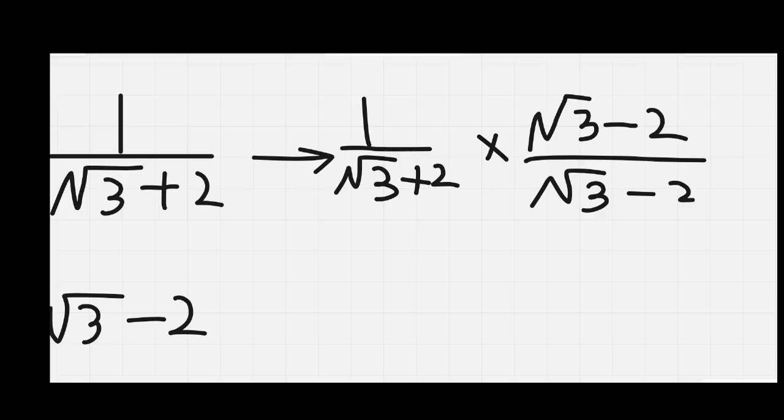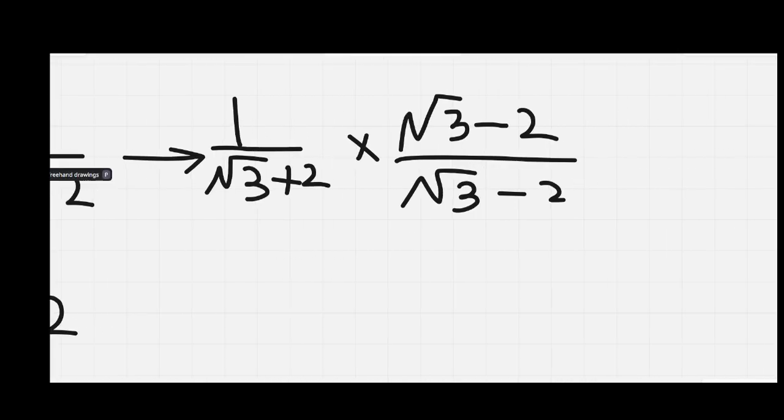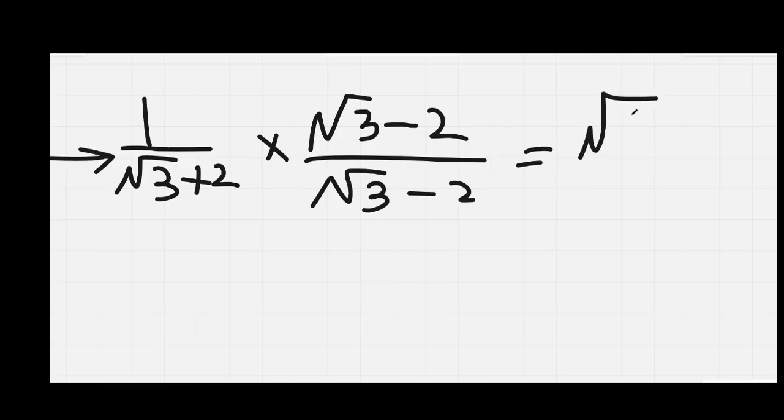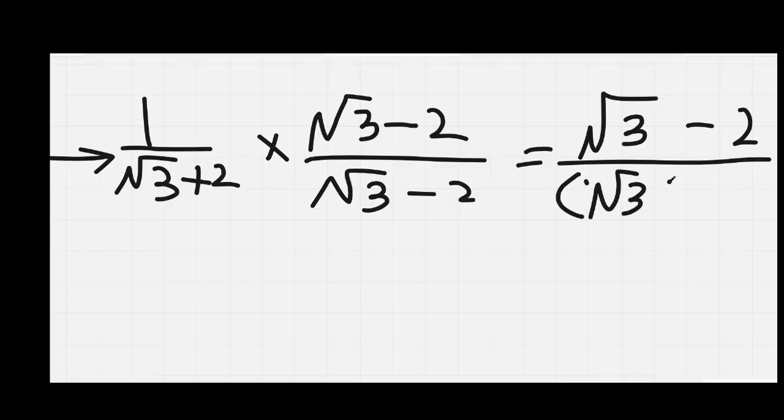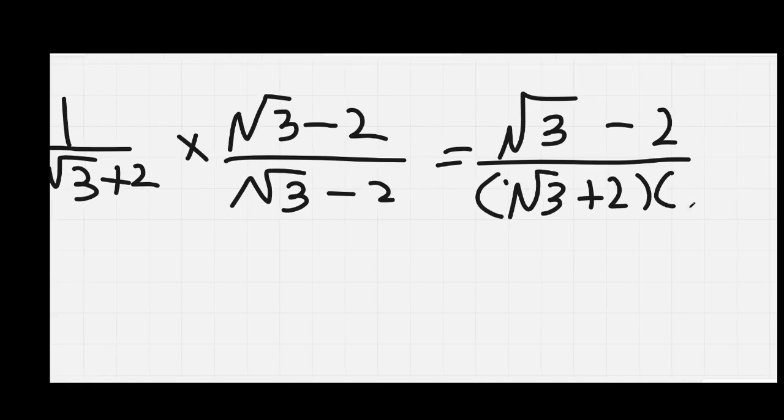The top of the fraction would become root 3 minus 2, and the denominator would become root 3 plus 2 multiplied by root 3 minus 2.